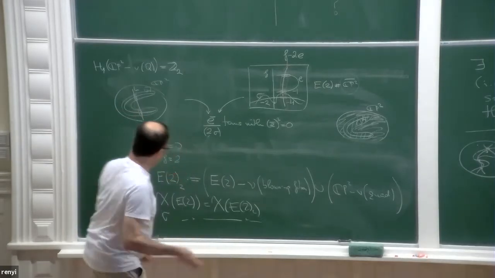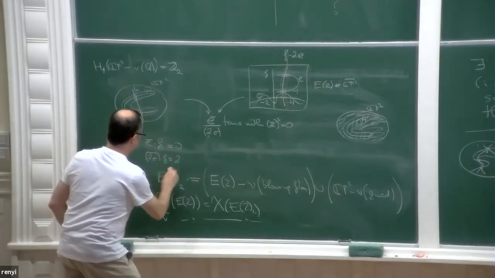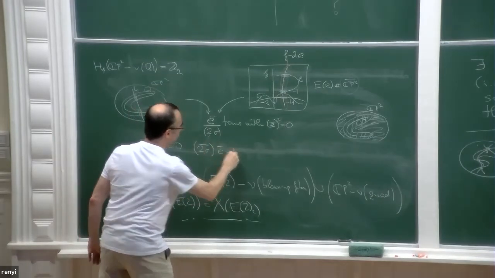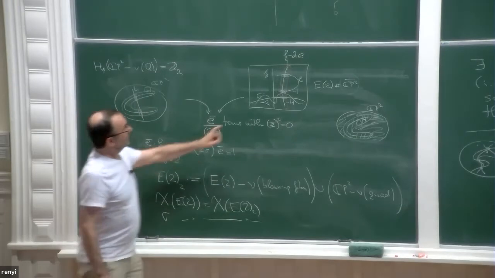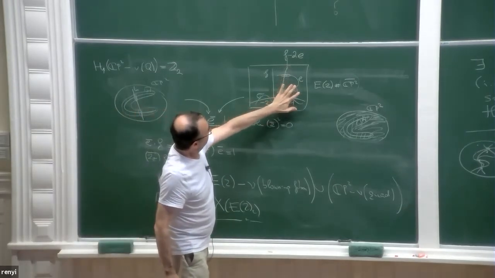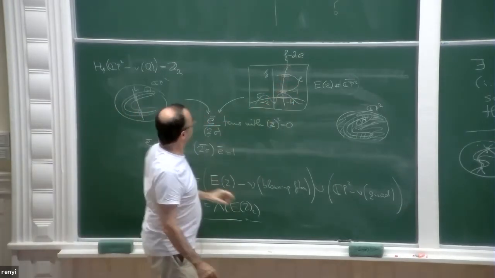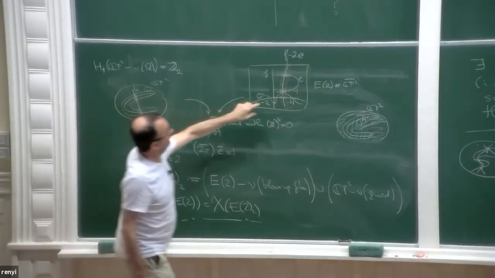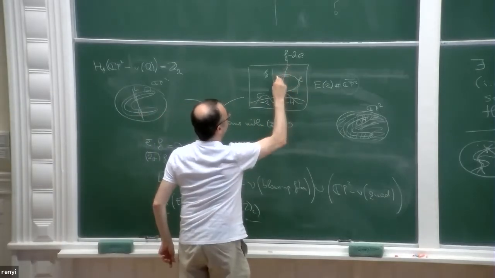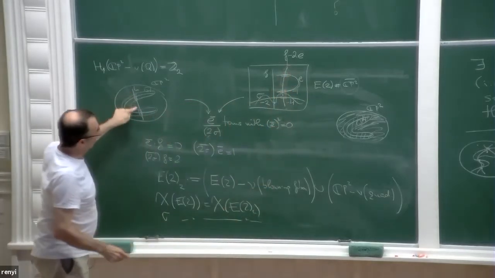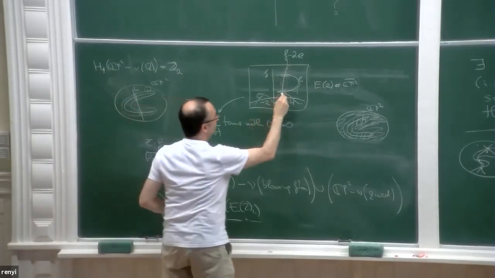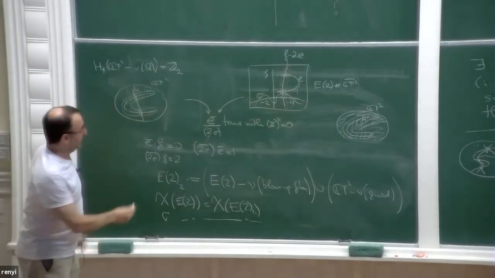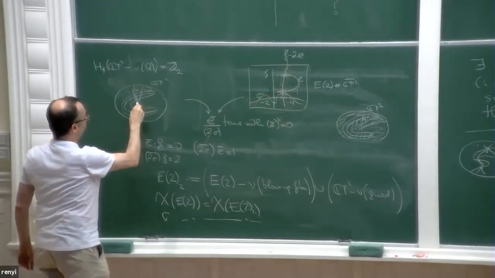And let's see what the intersection of 2 sigma bar and E bar is. And I claim that this is 1 because they don't intersect in the E2 part, but they do intersect in the CP2 bar part, since we complete this annulus with the annulus of a line, and we do the same when we complete the leftover 2 sigma inside this complement with another line, and they will intersect there.